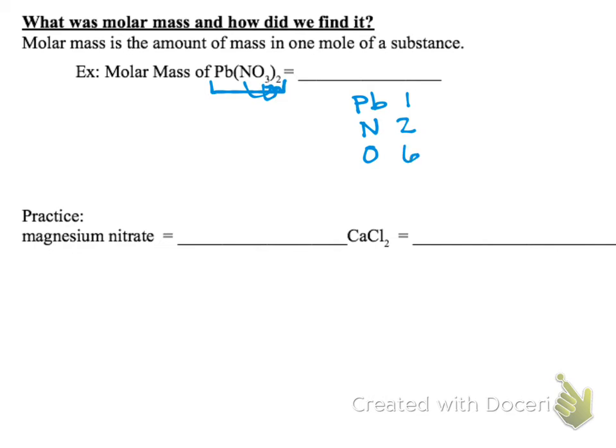So you take the number of each element, you multiply it by the mass of the element found on the periodic table. Pb is 207.2, nitrogen is 14.0, and oxygen is 16.0. So you get your three numbers, and then you need to add those up together.